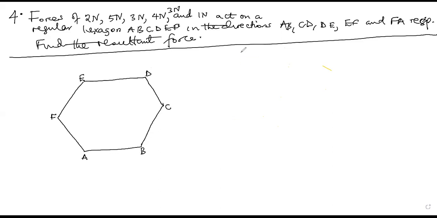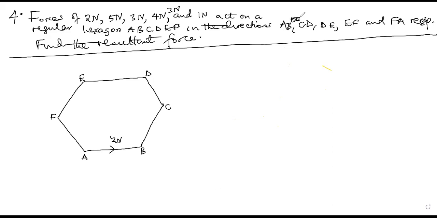Someone is saying it is cyclohexane. Whatever. So basically, AB is 2 Newton, so you're going to put 2 Newton here. I forgot a BC here. AB, BC.